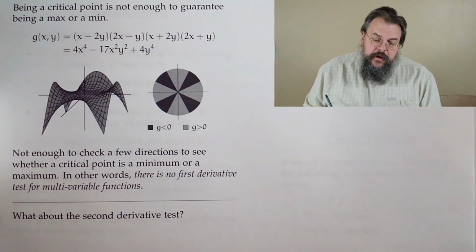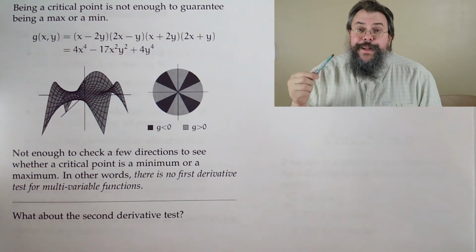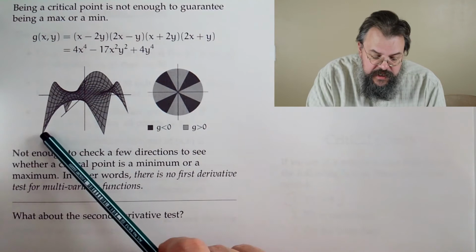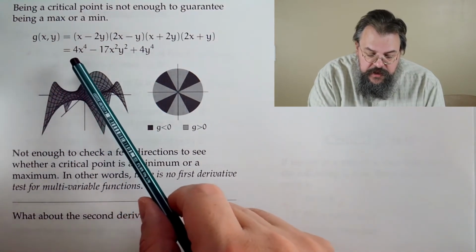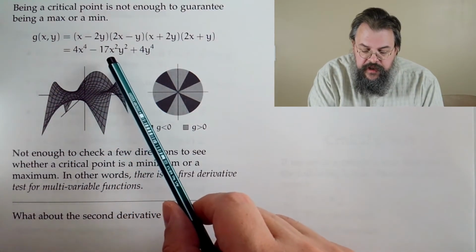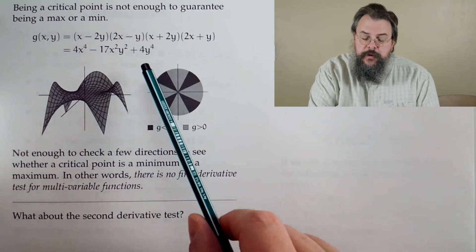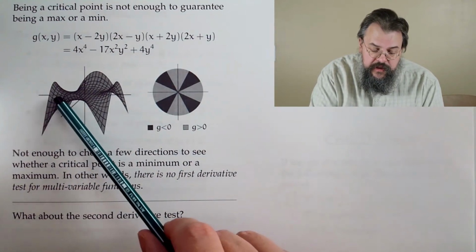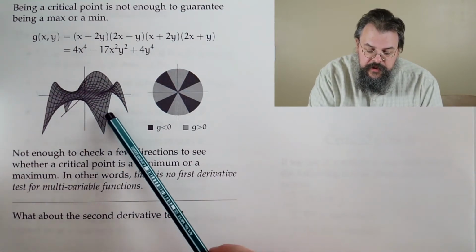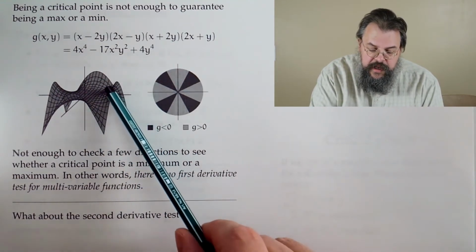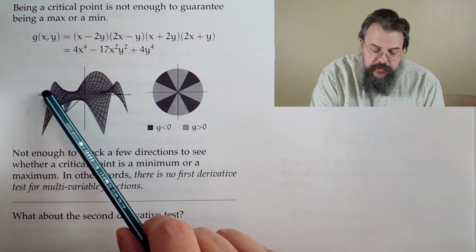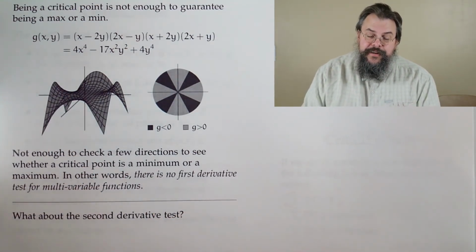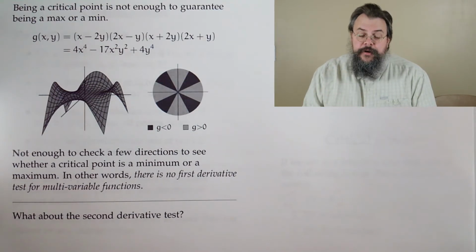All right, let's do something a little bit fancier. Here's a surface. It's a little bit hard to see, but it's the function 4x to the fourth minus 17x squared y squared plus 4y to the fourth. If you trace the edge on the outside, you'll see it's going up and down. So it's really a very fancy Pringle chip in some sense, and it oscillates between up and down.